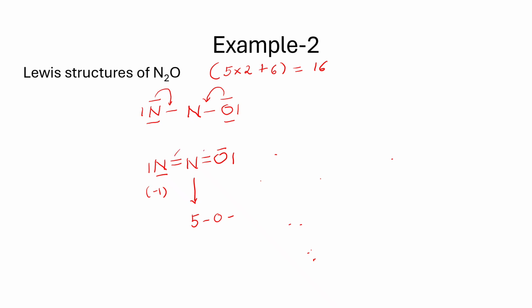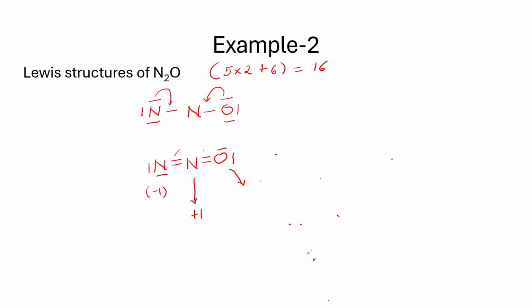So that is 8 bonding electrons. So minus half times 8. All right. So we have 5 minus 4, which is plus 1. So let's just write this as plus 1. And now let's find out the formal charge on the oxygen atom here.